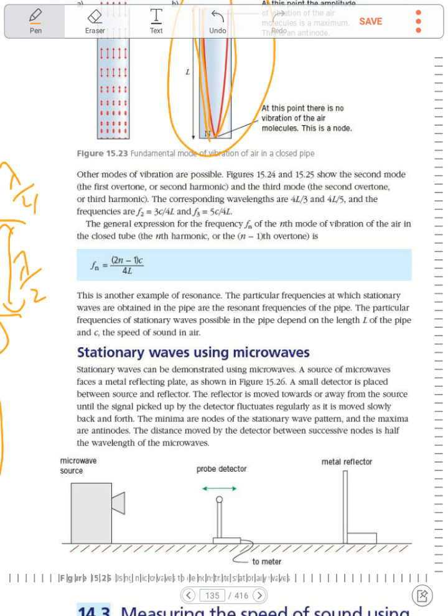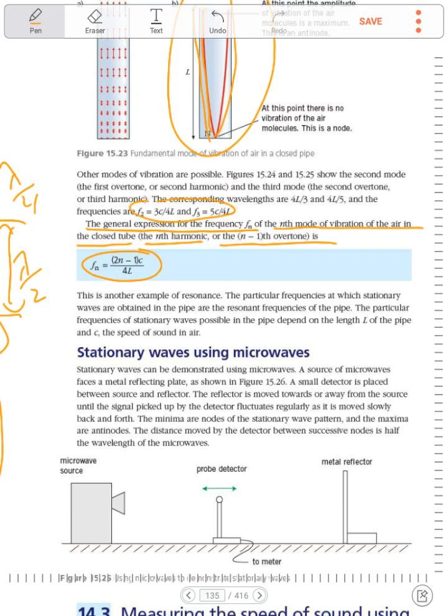The general expression for the frequency of the nth mode of vibration of the air in the closed tube, the nth harmonic or the n minus 1 overtone, is Fn equals (2n minus 1) over 4L times c. Here we have the first, second and third harmonic frequency.